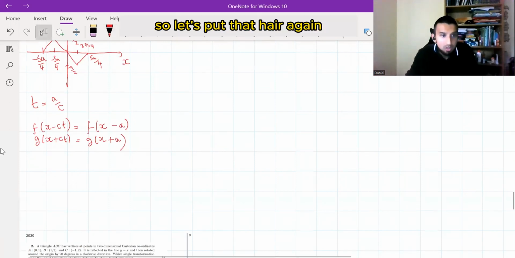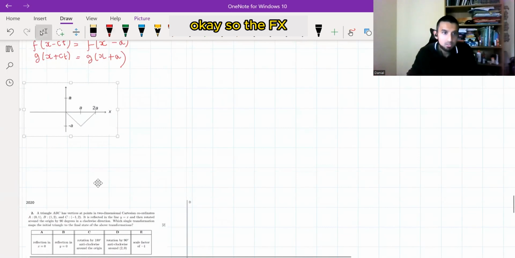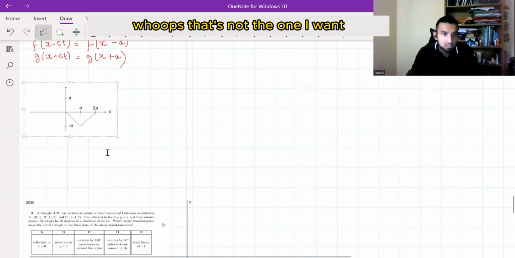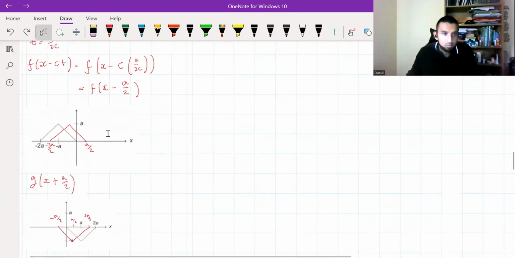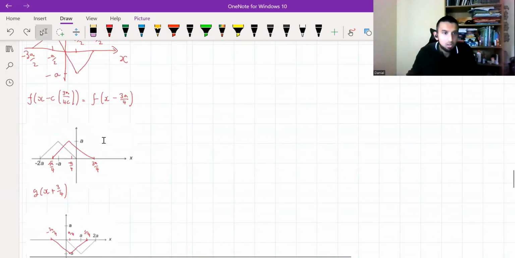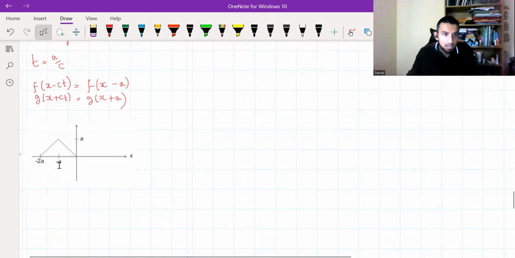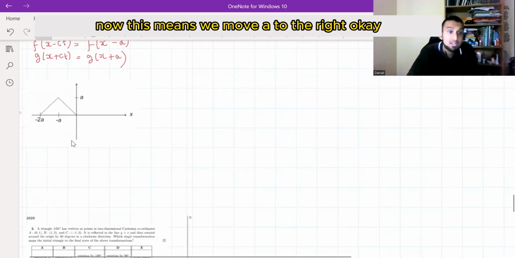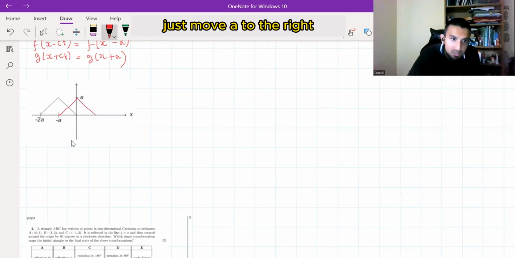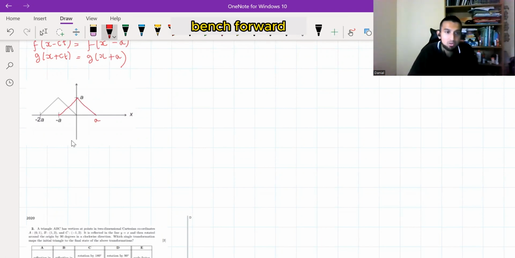Okay, so let's put that here again. Okay, so the f(x), whoops, that's not the one I want. We want this one. So let's put that here, okay? Now, this means we move a to the right, okay? All our points just move a to the right, so fairly straightforward.